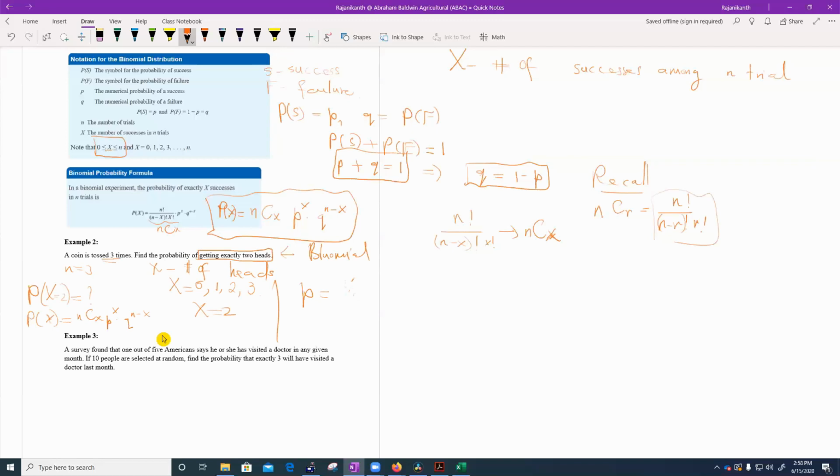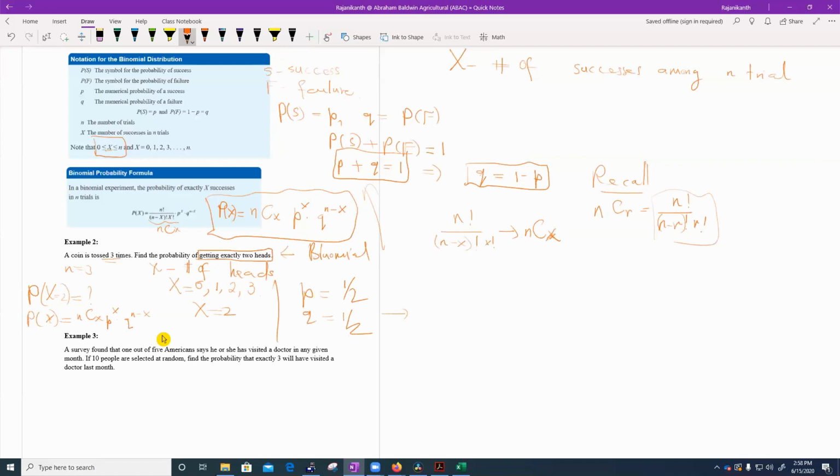When you toss a coin once, what is the chance of getting heads? One half. Failure, getting tails, also one half. Remember, when you add these two, p plus q should always be 1. Yes, I'm getting 1. You should always get 1. Otherwise, somewhere you made a mistake. Half plus half is 1, right? Therefore, p plus q is 1.